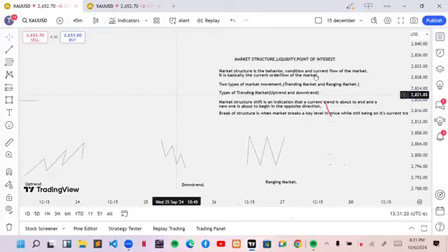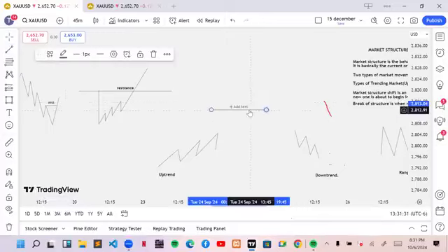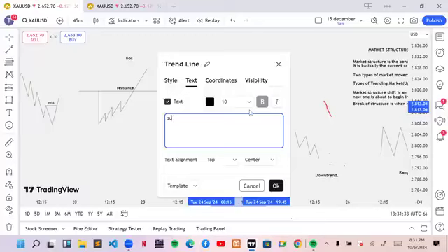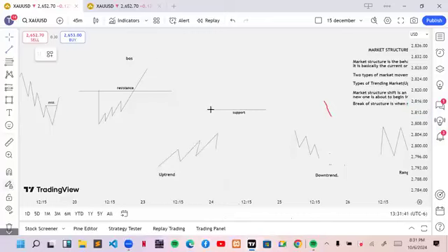This is the break of structure for the market being in an uptrend. Then this should be the one for the market being in a downtrend. So let's assume that this is a support zone, and the market was in a downtrend.